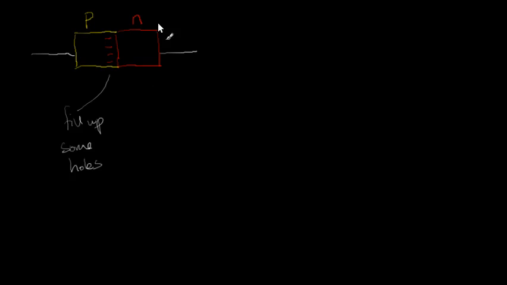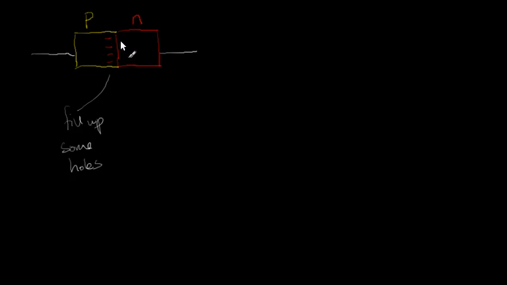It's just a neutral material, and every atom on its own has the same number of protons and electrons. So we're talking about neutral atoms here, but they're combined in such a way that some of the electrons from the impurities can go into the conduction band. Okay, as a whole, it is still neutral.